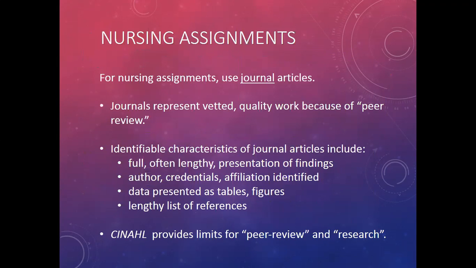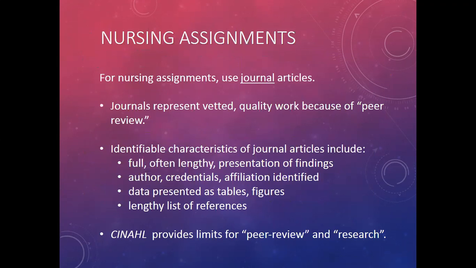In your nursing assignments, you're going to use journal articles. These are usually vetted, quality work, and are peer-reviewed. Journal articles include very long, lengthy presentations of findings. There's information about the authors, the affiliations that they may have, if they work for a university, if they work for a company or a government.